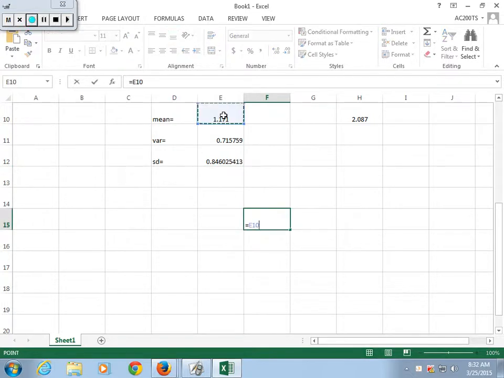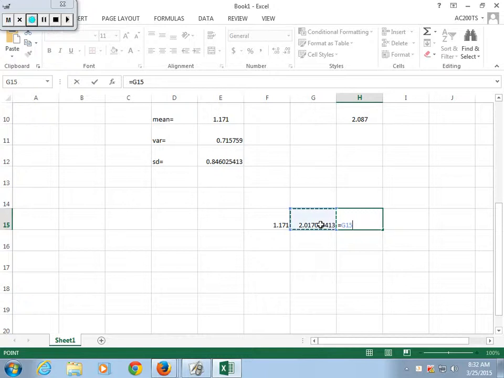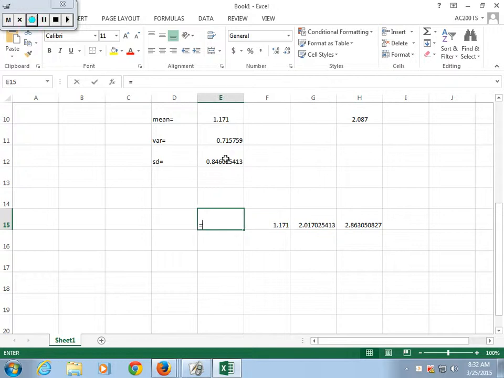Mean goes in the middle. Add one standard deviation. And add another standard deviation. Subtract the standard deviation.